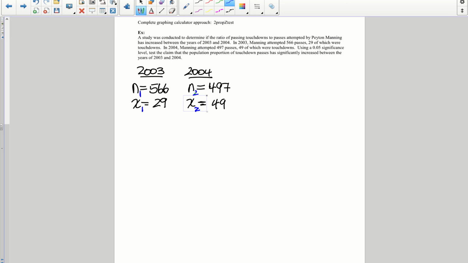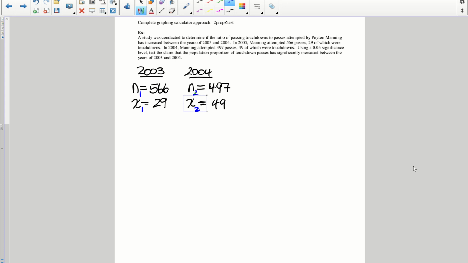It really doesn't matter which one you sub with a 1 and which one you sub with a 2, as long as you're consistent in how you use that information from here on out. All right? But generally, it's a pretty good rule of thumb. The information you write down first gets subbed with a 1, and the information you write down second gets subbed with a 2. All right?